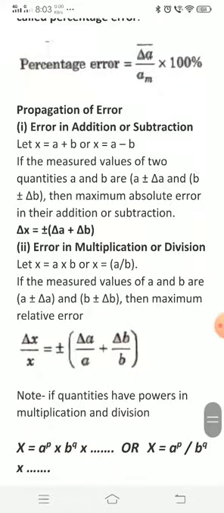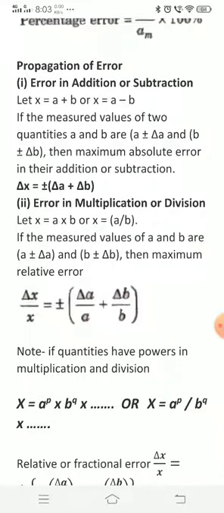If a quantity is represented as the sum or difference of two or more quantities, and we want to find the error in the quantity, then A and B, that is, the quantities coming in the expression, are measured. Every measurement will give some error.